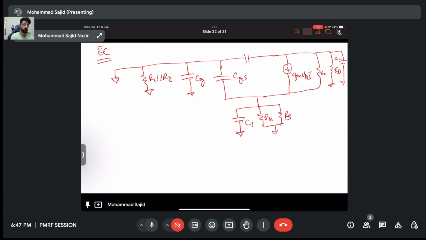See here, Rs1 is equal to Rs if you are calculating for C input, and similarly for output, we calculated the output resistance in the previous part. Use that.